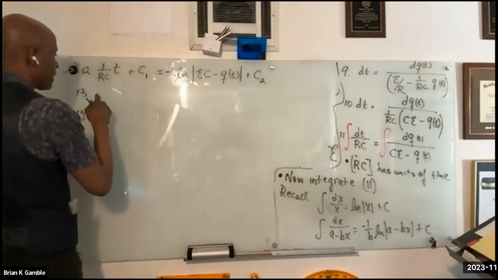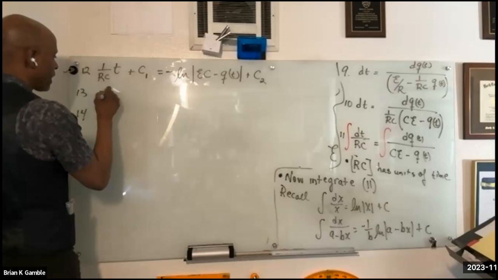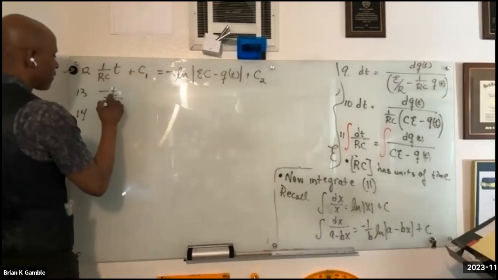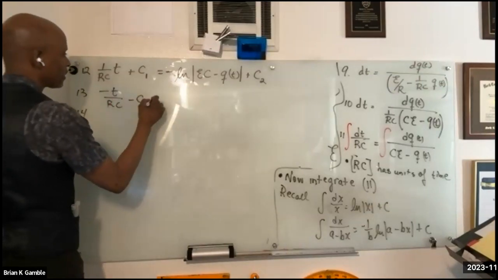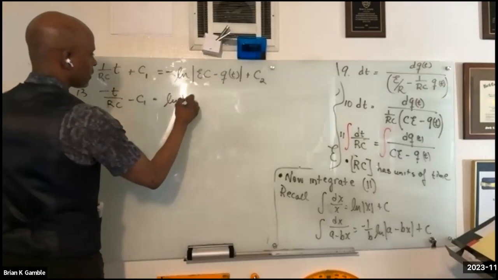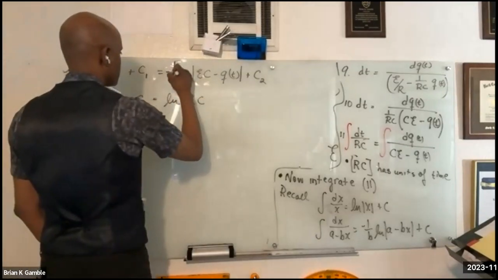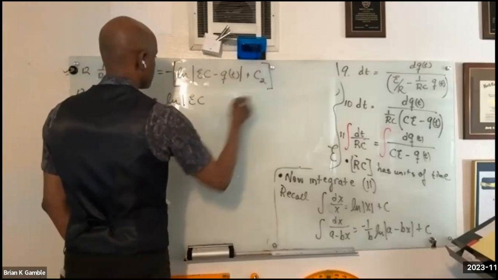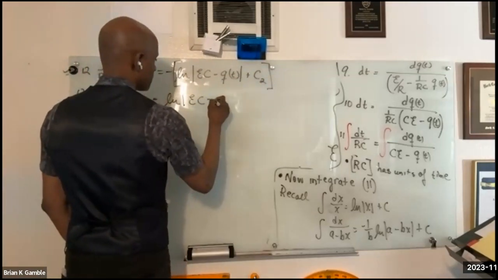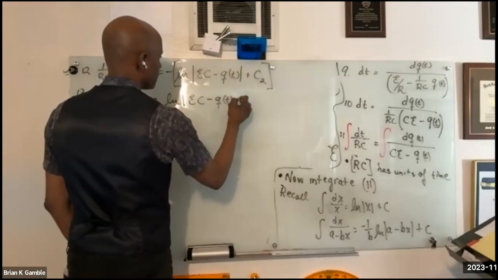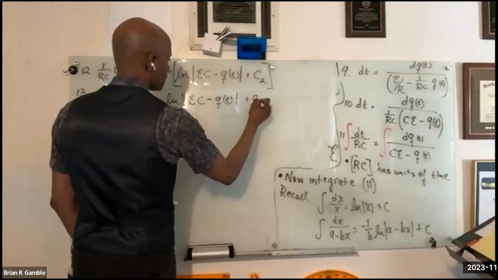And if I do that, then I'm going to have minus T over RC minus C1 equals log of EC minus QT plus CT.